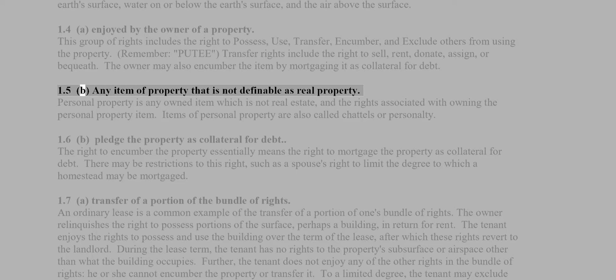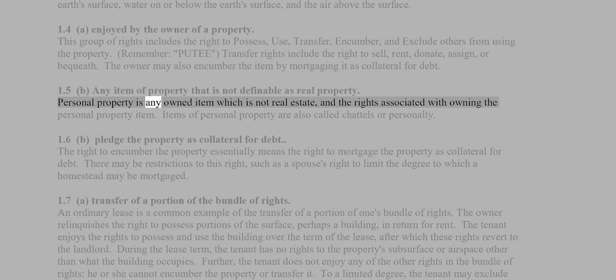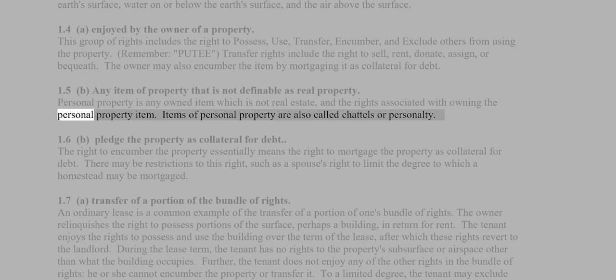1.5 B. Any item of property that is not definable as real property. Personal property is any owned item which is not real estate, and the rights associated with owning the item.